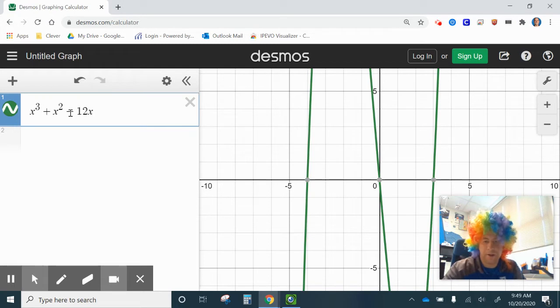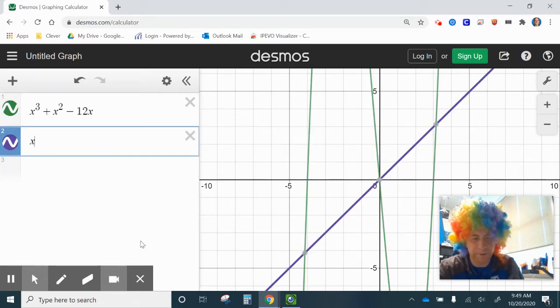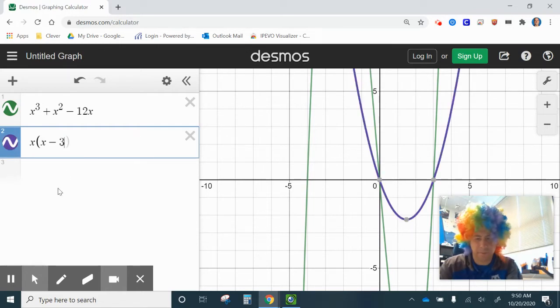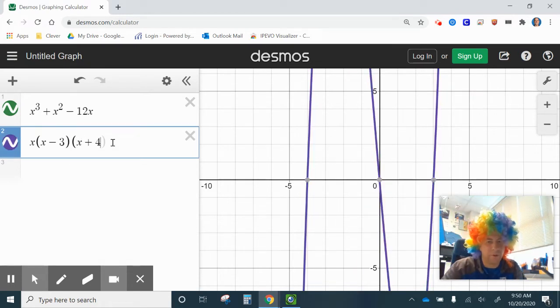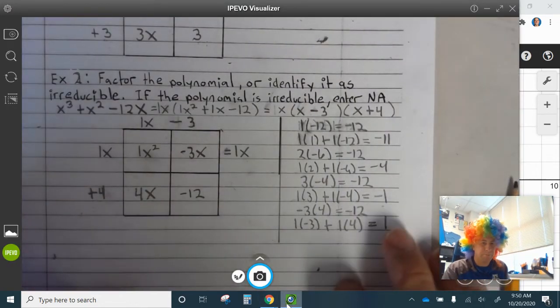Now, if we factored correctly, when we graph x times x minus 3, parentheses, x plus 4, they'll overlap. You see they do, so this is a correct factorization of this. Okay? All right, go ahead and finish up example 2.